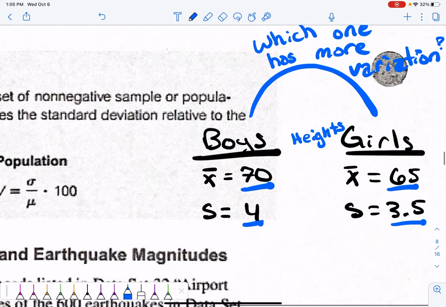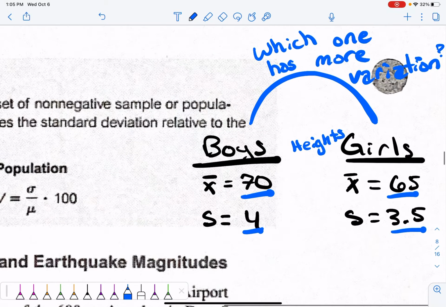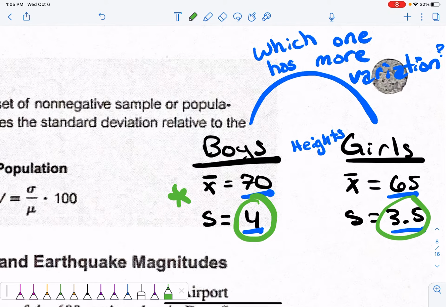When we do that, we can look at these two values and say, okay, standard deviation is what tells me the variation, right? And so the boys had a standard deviation of 4 and the girls had a standard deviation of 3.5. So I'm tempted to say that the boys' values vary more, right? Because their standard deviation is higher. But that's not always the case because boys and girls have a different average, right?